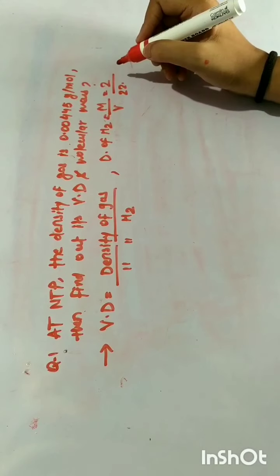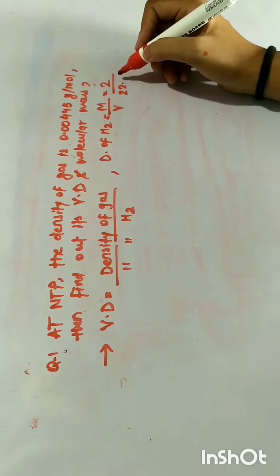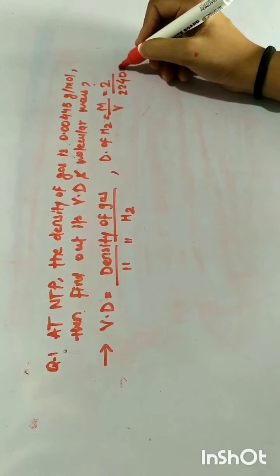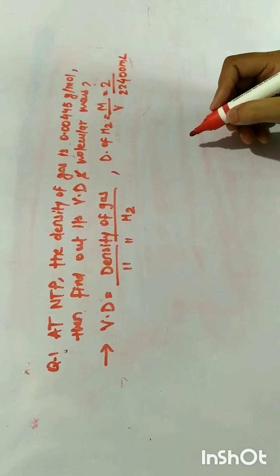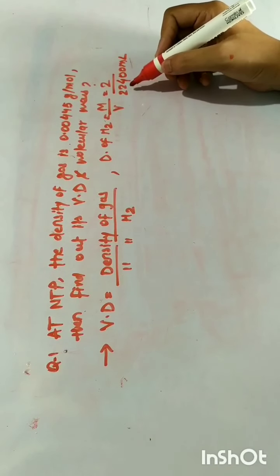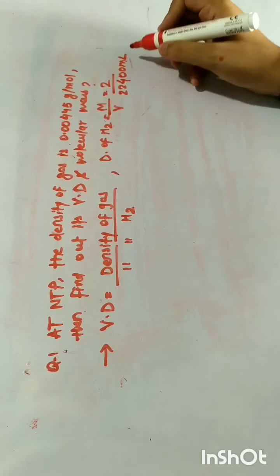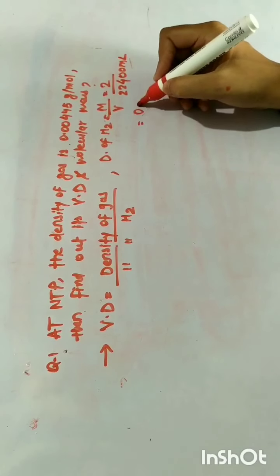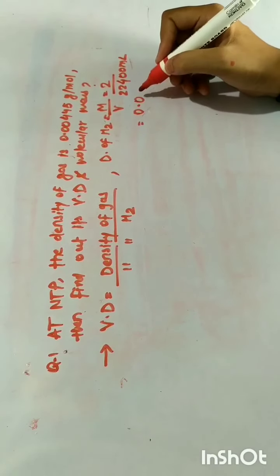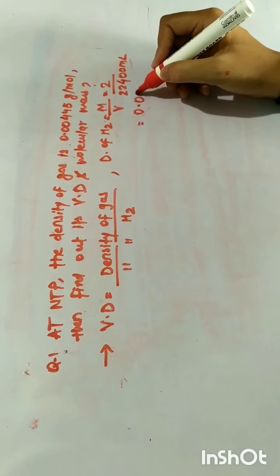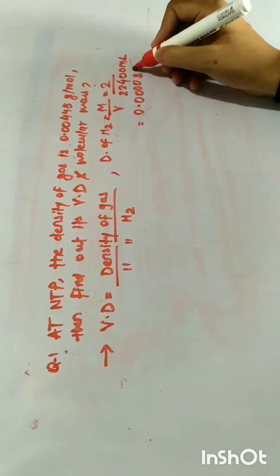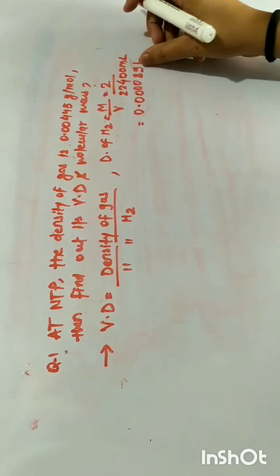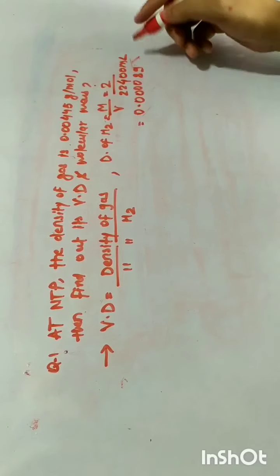But you have to write here in ml, so we will write 22400 ml. At STP the volume will be 22400 ml. So our density of hydrogen will be 0.00089 gram per ml.